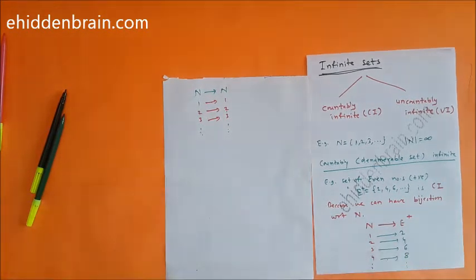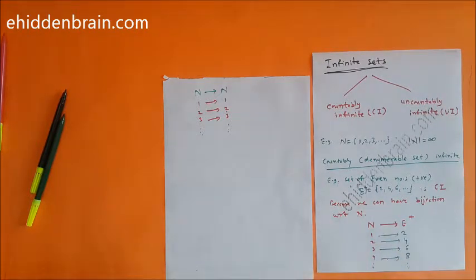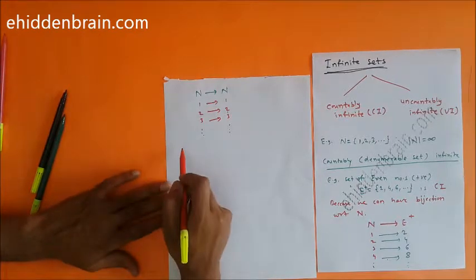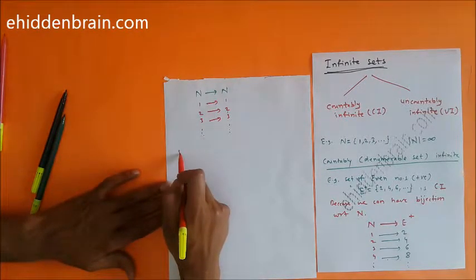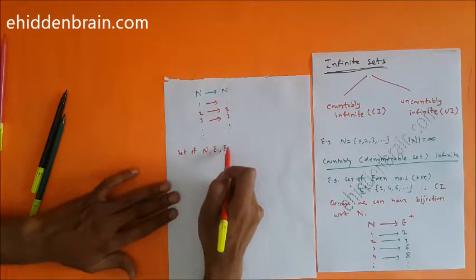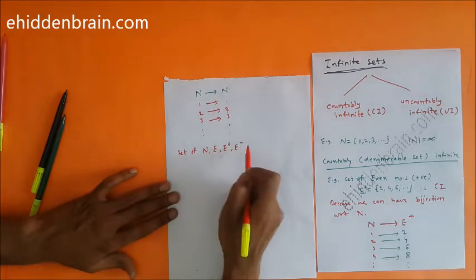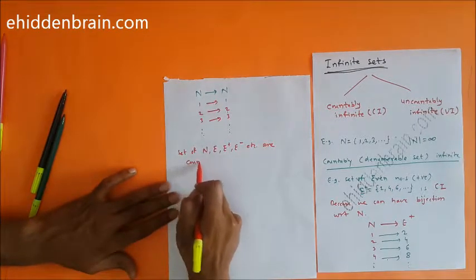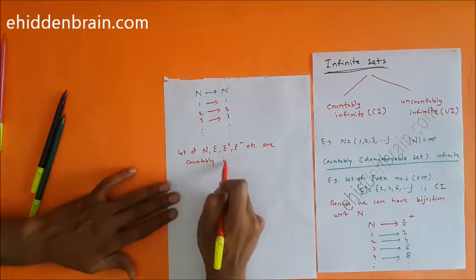So I can say that set of natural numbers, set of even numbers are countably infinite sets. So, right? So I can say set of N, E plus, E minus, etc. are countably infinite.